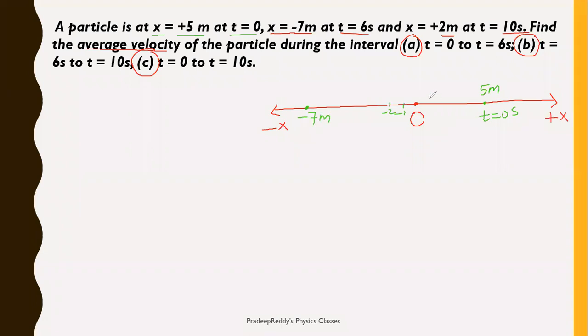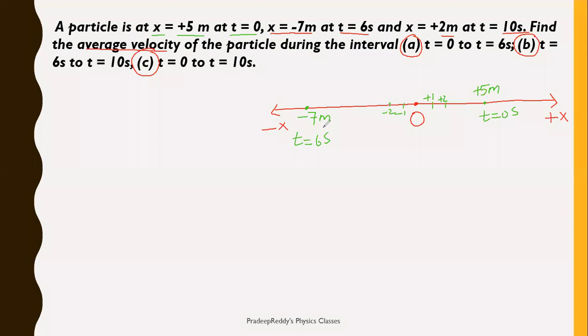So this is plus 1, plus 2. Like that, this is plus 5 meter from the origin at t is equal to 0. And from the origin, minus 7 meter at what time? This is at t is equal to 6 second. At t is equal to 6 second, the body is at minus 7 meter.